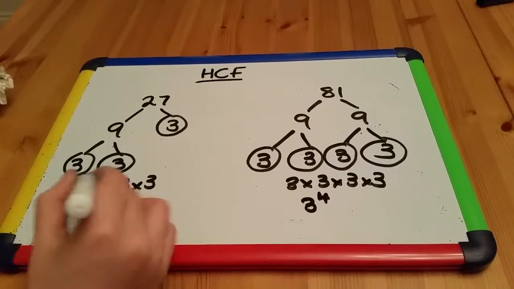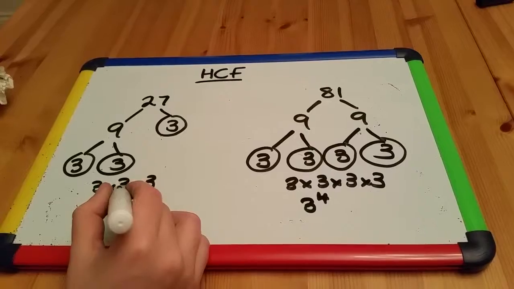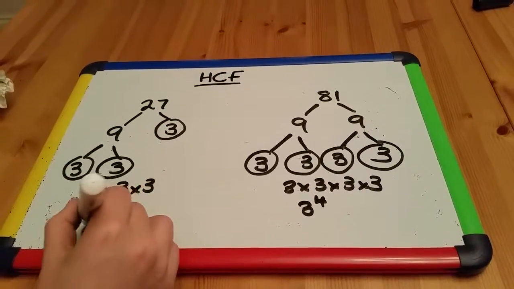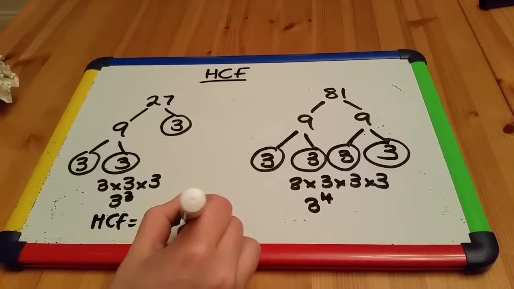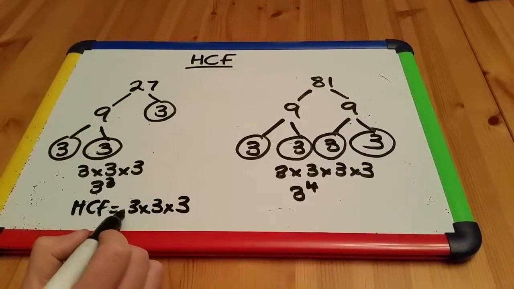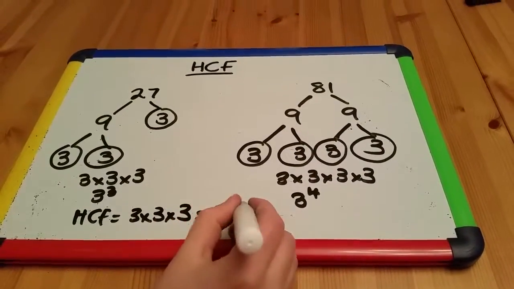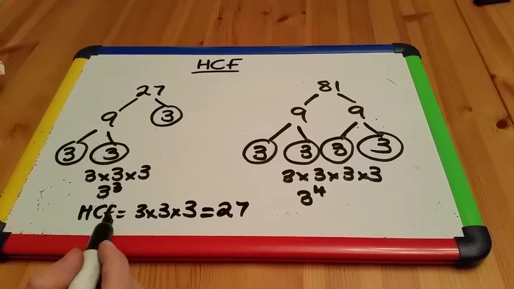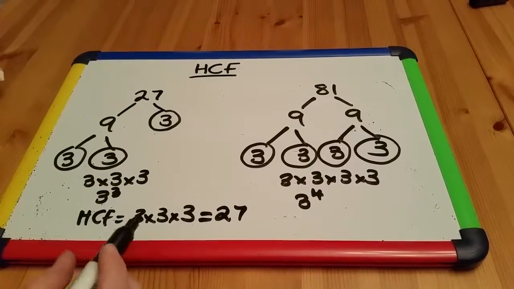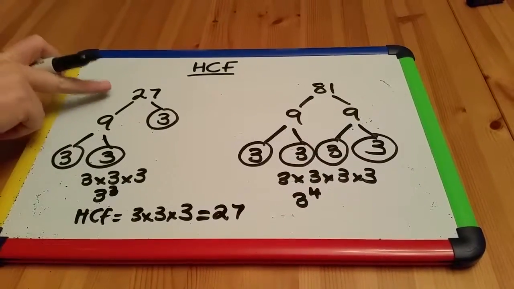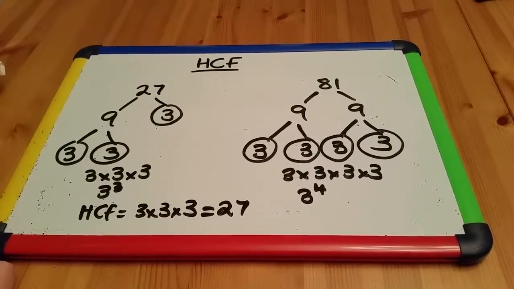We've got 1 3 in both, 2 3s and 3 3s. So my highest common factor is 3 times 3 times 3, which is 27. The highest common factor of 27 and 81, a number that goes into both 27 and 81, is 27.